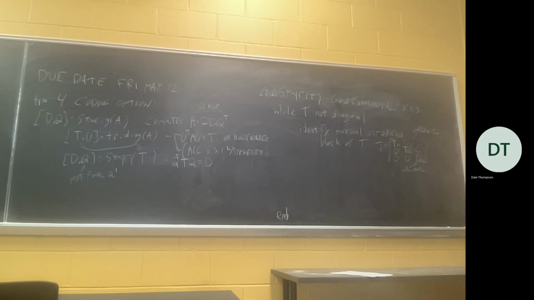But the idea is you're going to go up the subdiagonal, and as long as subdiagonal entries are 0, you keep building up D33. As soon as you find a non-zero subdiagonal entry, that is the bottom of T22.